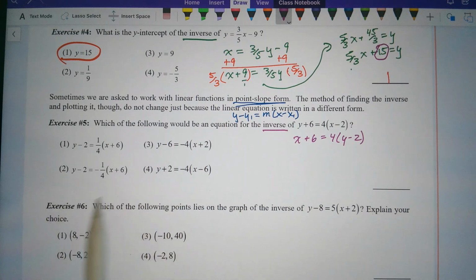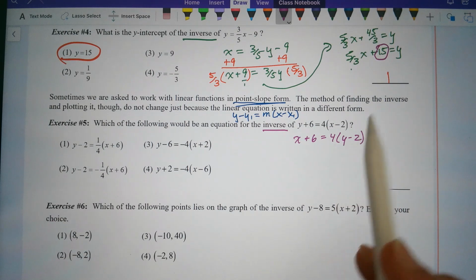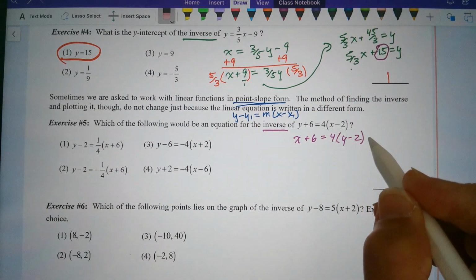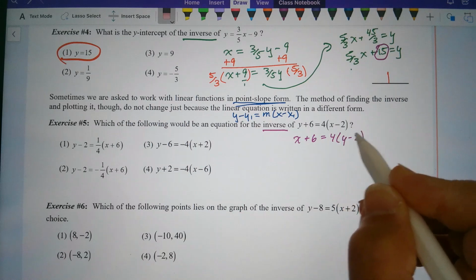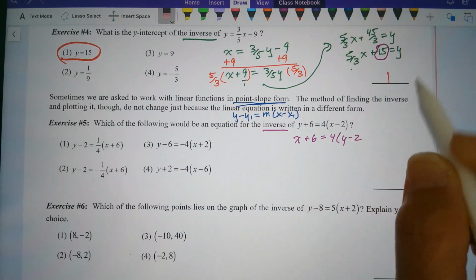It almost matches one of these. So let's just get our y minus 2 by itself to start off with. Let's get rid of this 4. Dividing by 4 is the same as multiplying by the reciprocal. So I'm going to multiply by 1/4.